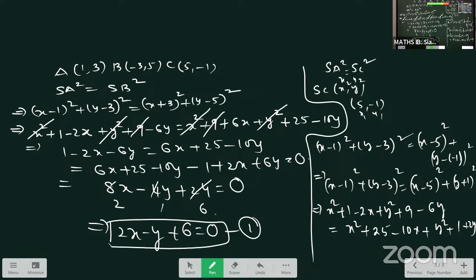Now see that whatever the similar terms are there get cancelled out. x square, y square, 1. Now what are the left terms here?